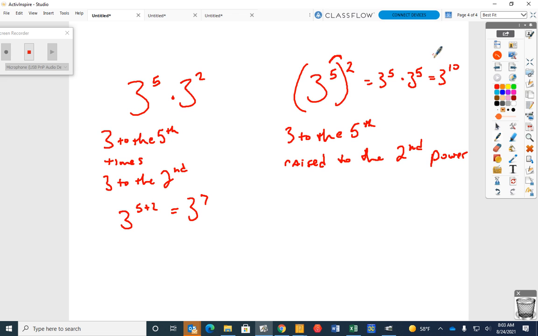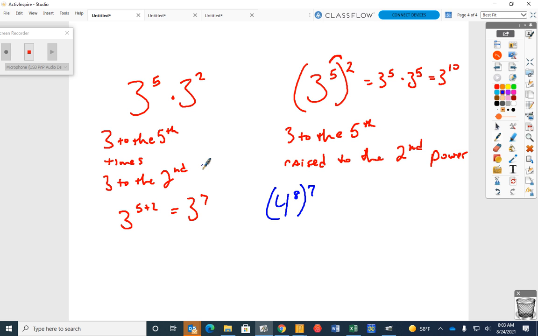Multiplication. It's multiplication. Okay? And what that means, for example, if I had this, let's say 4 to the 8th, let's say to the 7th power. If I was to write all this out, that means I'm taking 4 to the 8th power and I'm going to raise it to the 7th power. That means I'm going to take 4 to the 8th power and multiply times itself how many times? 7 times.